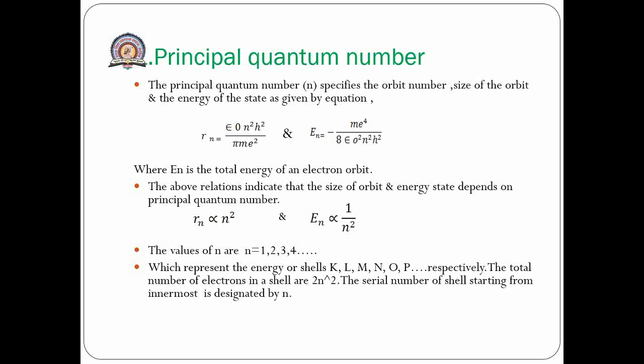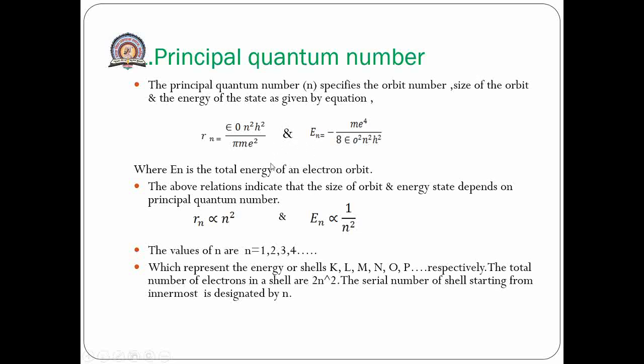In the last video, we already learned these equations, the radius of the nth orbit and the energy of an electron in the nth orbit. The radius of the nth orbit is epsilon 0 n square h square upon pi m e square, and the energy of an electron in the nth orbit is minus m e raised to 4 upon 8 epsilon 0 square n square h square, where En is the total energy of an electron in the nth orbit.